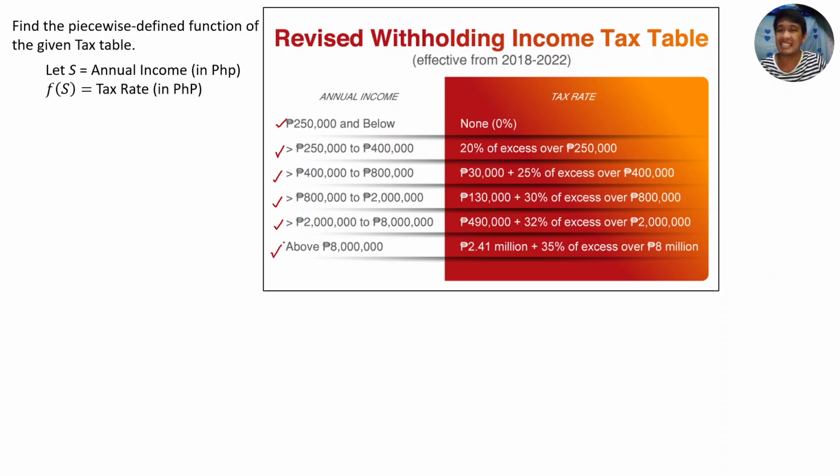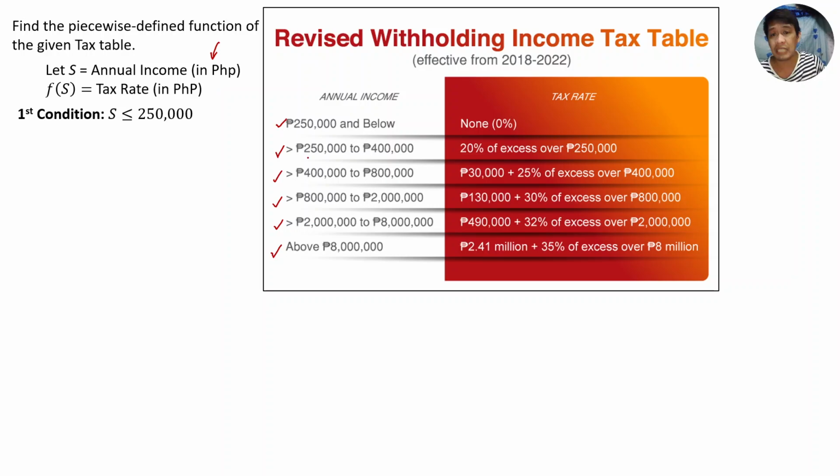So, isa-isahin natin. So, first condition, for x is less than or equal to 250,000. I did not put the unit na kasi nakalagay na dito generally that yung number natin dyan ay naka-refer sa Philippine peso.